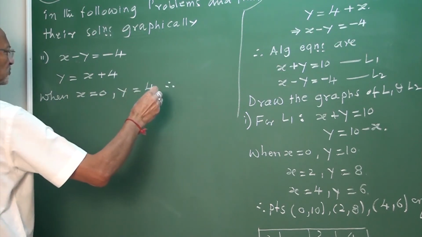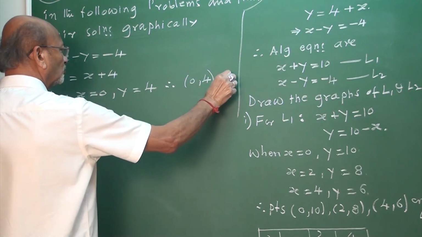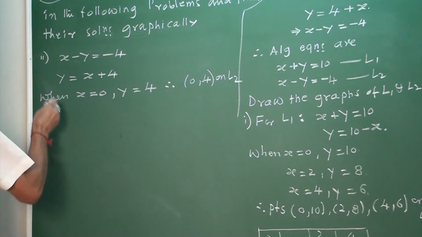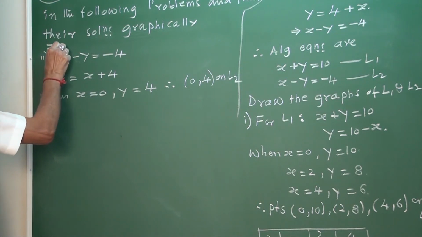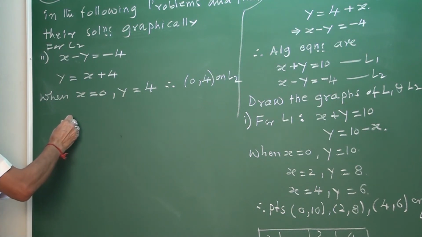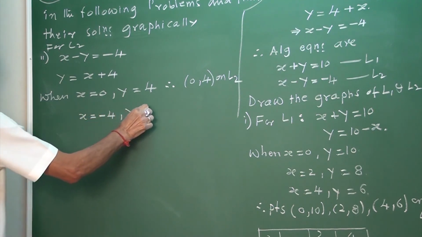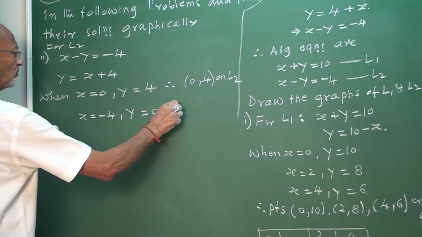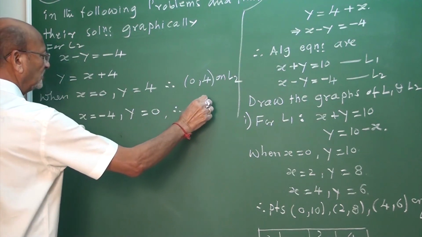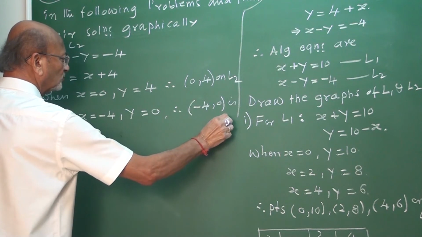Therefore, this point 0, 4 is on L2. This is for L2, my friends. Second, when x is minus 4, what about y? y is 0. Therefore, minus 4 comma 0 is on L2.